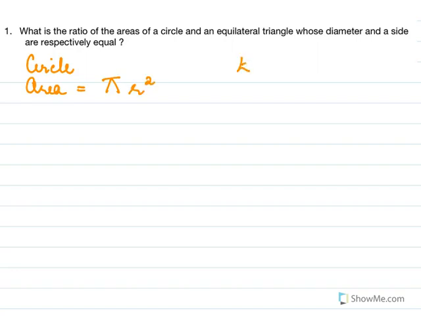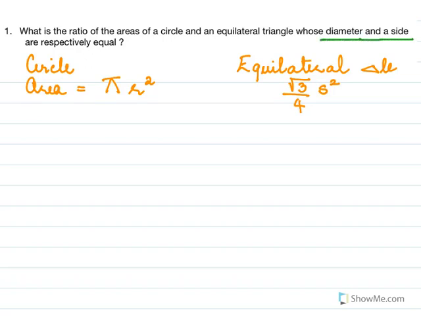And then we have also an equilateral triangle. And area of an equilateral triangle is given as root 3 by 4 side square. The diameter and the side are equal, which means the diameter is equal to the side.